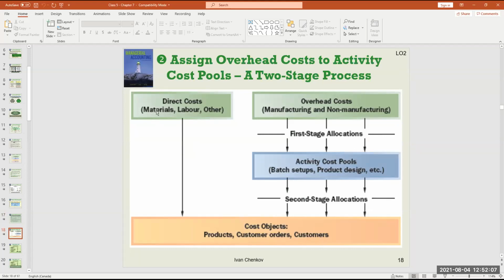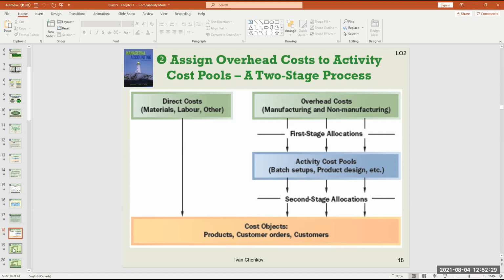Direct costs are the material and labor, and there might be others. Those go directly to the product. Then, from the manufacturing and non-manufacturing costs, the first stage was to get the activity cost pools. And the next one is the allocation stage.